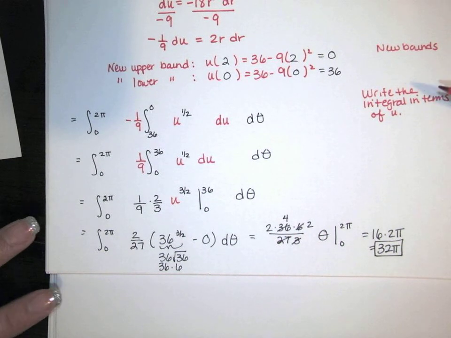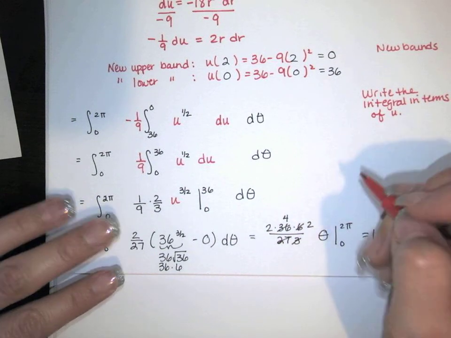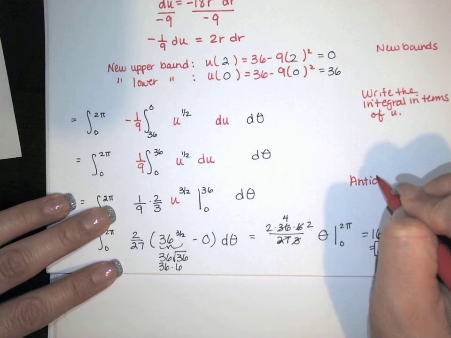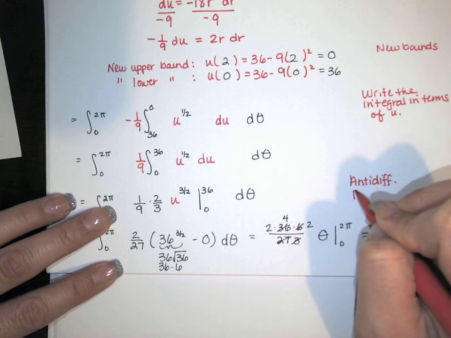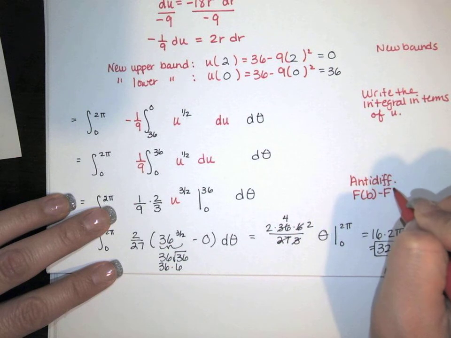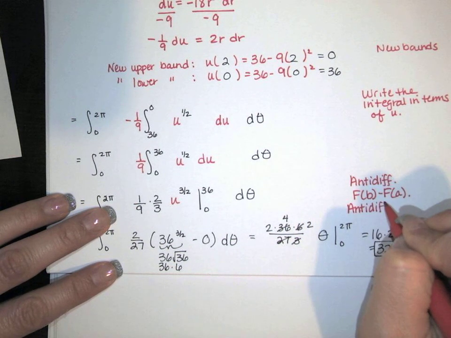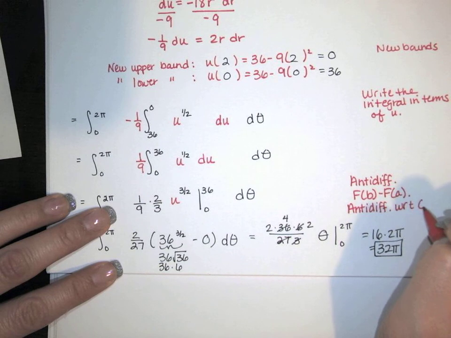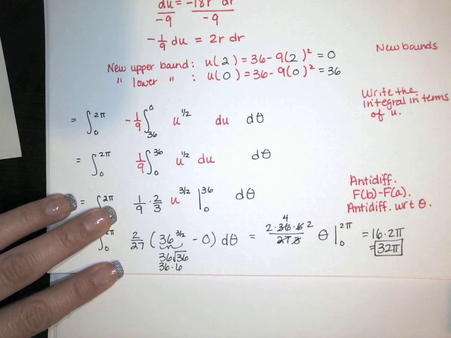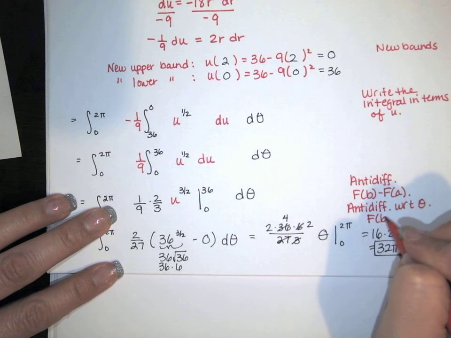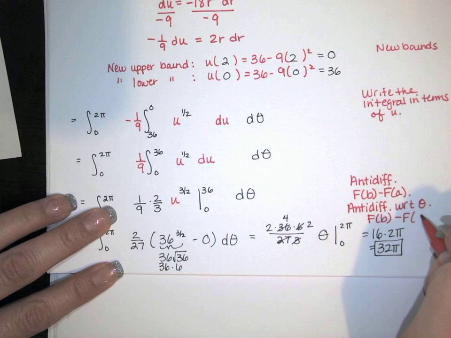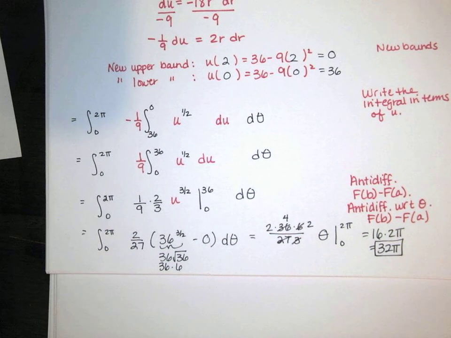Okay, so we wrote the integral in terms of u, we anti-differentiated, then we evaluated f of b minus f of a, and then we anti-differentiate with respect to theta, and then we substitute in the bounds for theta. So we do f of 2 pi minus f of 0, and we got 32 pi.